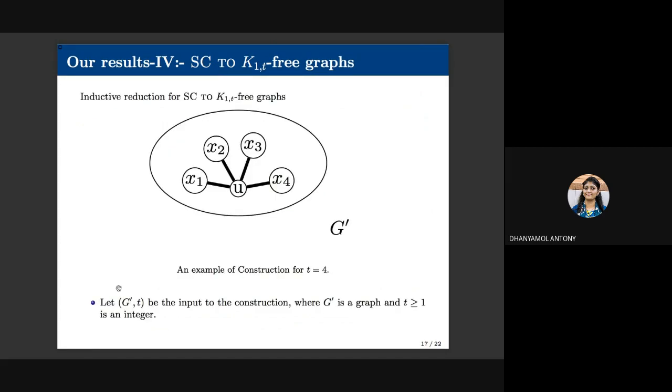Now consider the inductive reduction. A graph G prime is the input to the construction, and a new graph G is obtained from G prime as follows.